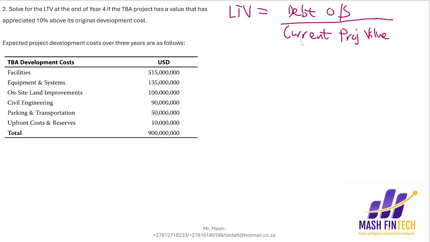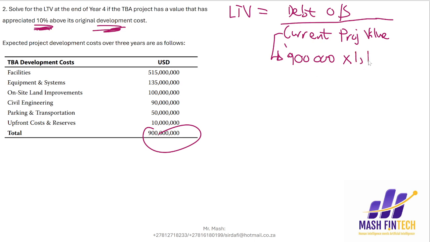Now, the current project value is easy. We are just told that there is a 10% appreciation above the original cost. So the current project value is just the original cost, this is the project development cost, 900 million multiplied by the appreciation of 10%, 1.1.